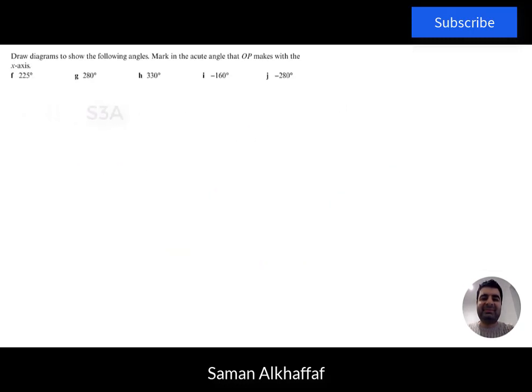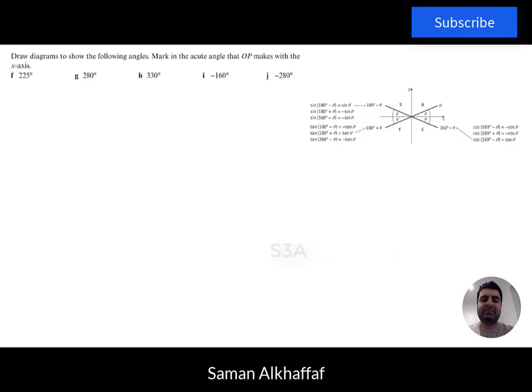In this example, we are asked to show the angles and mark the acute angle that OP makes with the x-axis. So again, we will need to remember that all angles are positive in the first quadrant, sine is positive in the second, tan is positive in the third, and cosine is positive in the fourth.